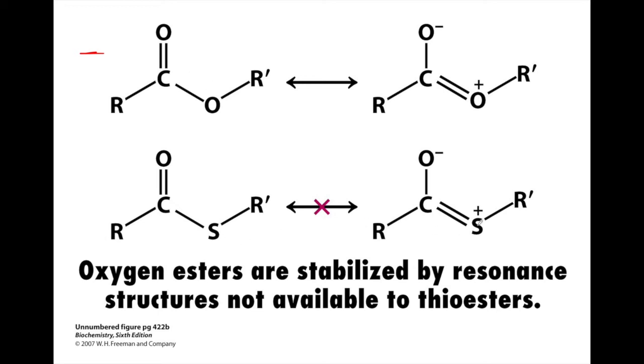But because we've got the sulfur here, we don't form these resonance structures. So that makes this a higher energy molecule. And as we'll see, when that high energy acetyl-CoA enters into the citric acid cycle, it's broken apart, and a lot of that energy is released in order to drive that citric acid cycle in a spontaneous direction. So again, a very important high energy compound is acetyl-CoA. Appreciate what makes it a high energy compound.